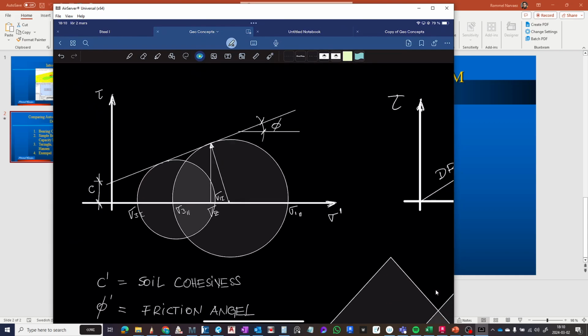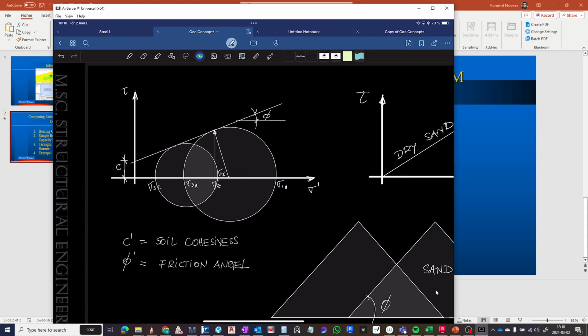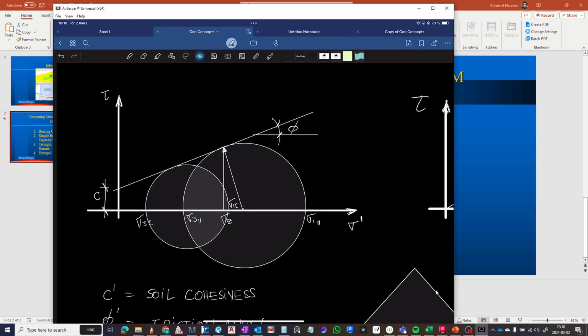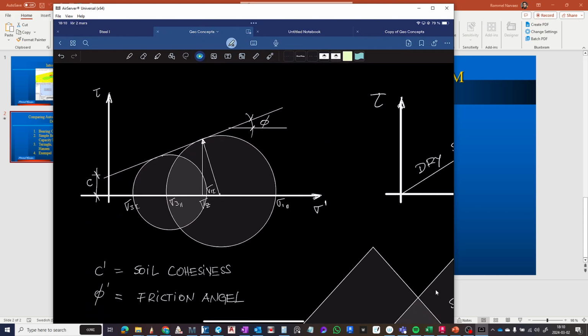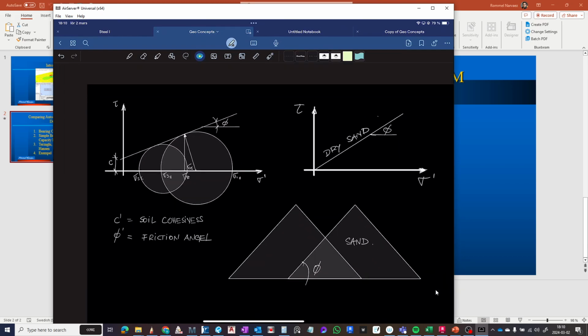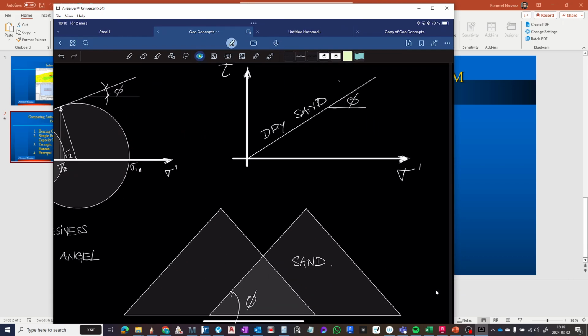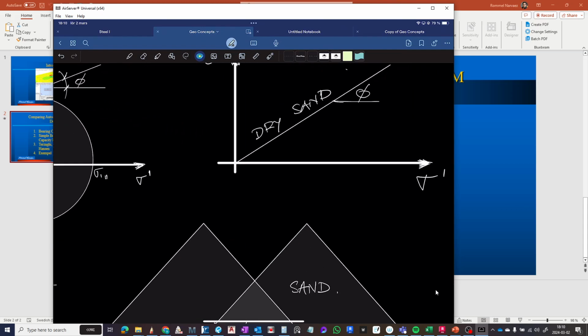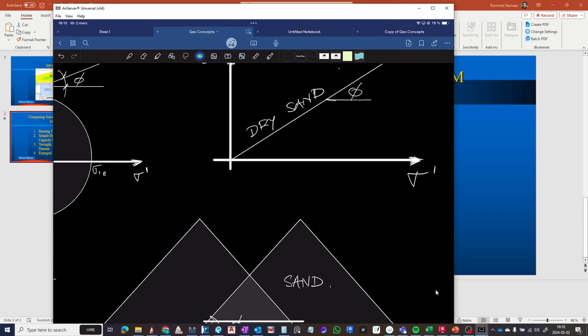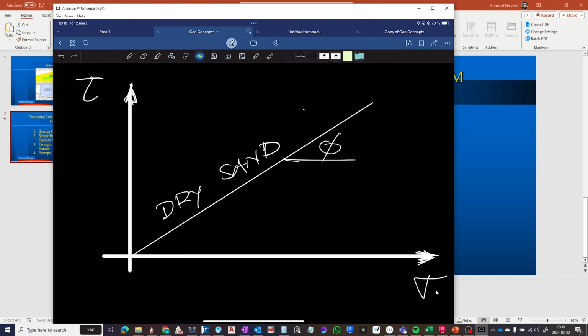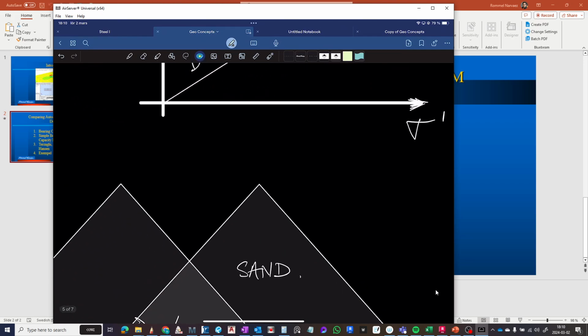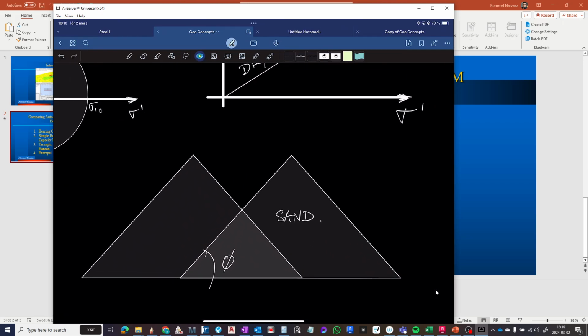To understand this, we need to manage a Mohr circle and the stresses around it, with the soil cohesion coefficient and the friction angle of this soil. What this means is that each soil has a different friction angle. For the sand that we are going to look at, we have an angle of 30 degrees.